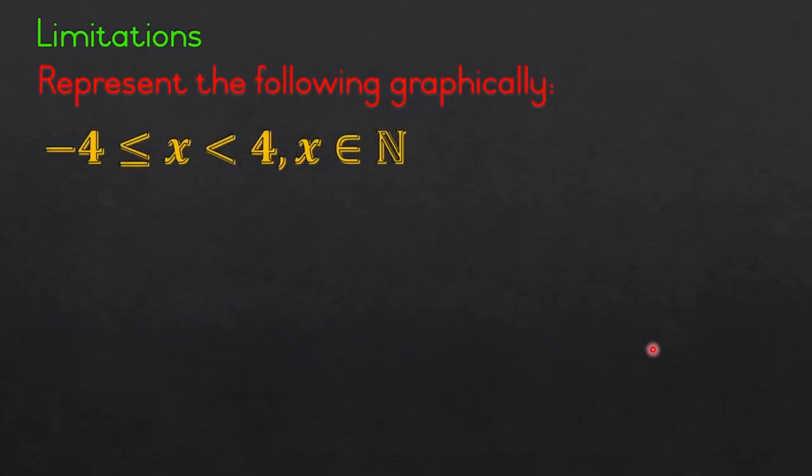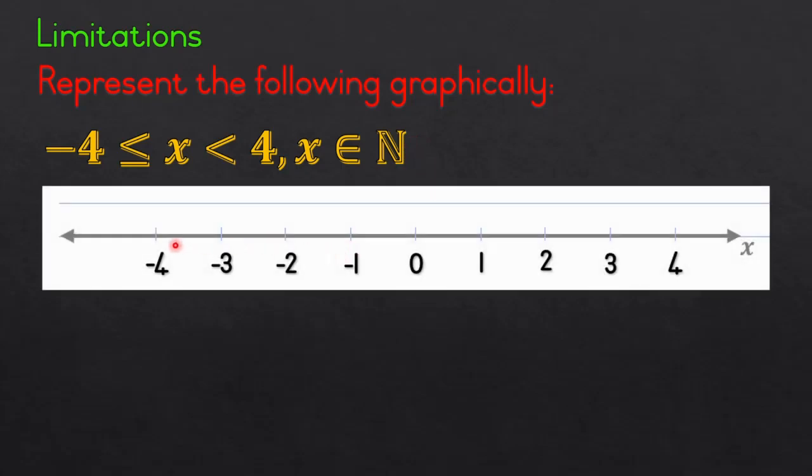Let's do another example. This time we're going to work with natural numbers. Natural numbers are things that we can find in nature, therefore it starts at 1. 1 koala bear, 2 panda bears, not half an elephant, if you remember. So graphically we start at -4 and 4.